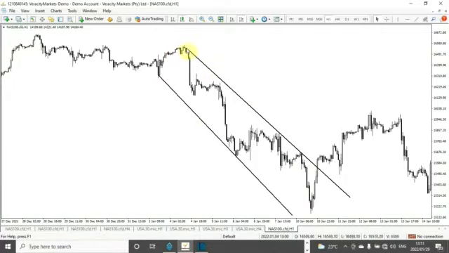So as you can see, price was up here, price went down, stayed within here, touched the trend line, stayed within here, touched the trend line again, stayed within, touched the trend line again, went all the way down, and then price hit this level here and then decided to break the trend line, and then price carried on moving.